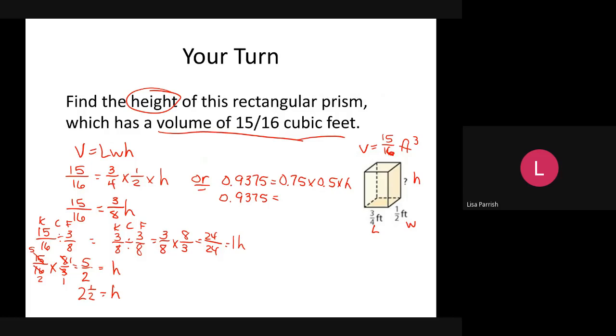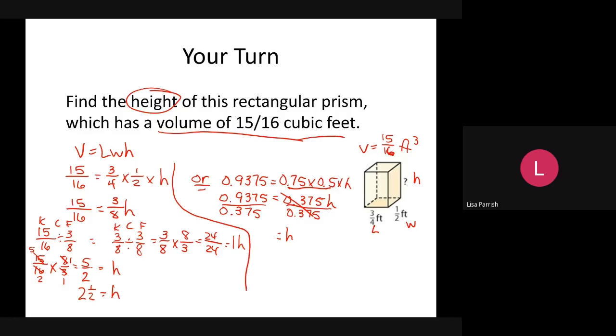So you've got 0.75 times 0.5. Don't panic about all these decimals if you're using the calculator. If I multiply those two, I get 375 thousandths times h. There's that multiplication equation. So just divide your decimals in your calculator. Don't panic, you've got a calculator.